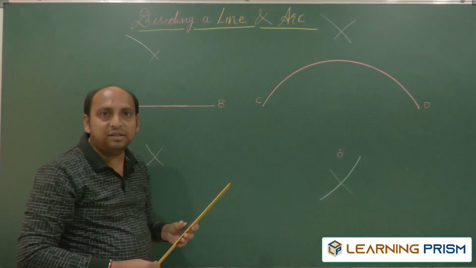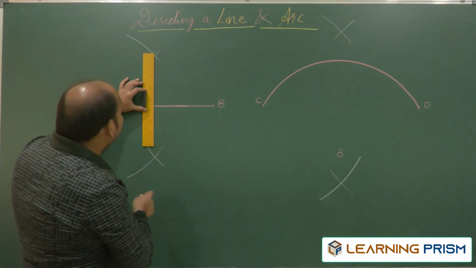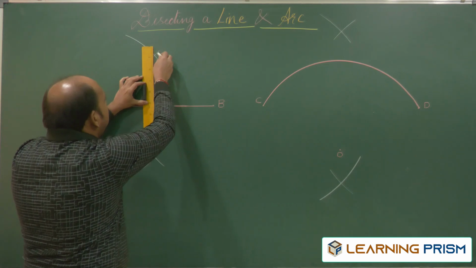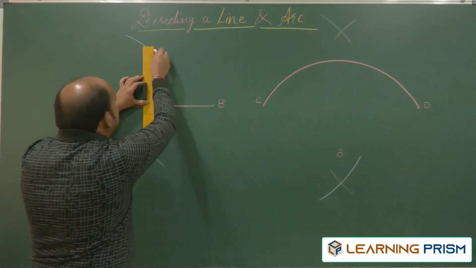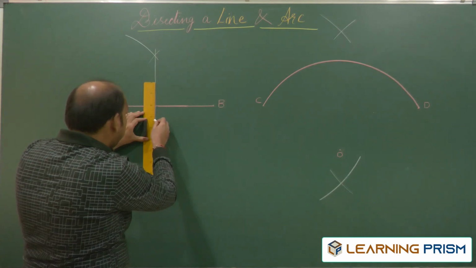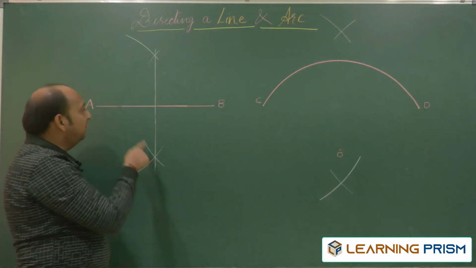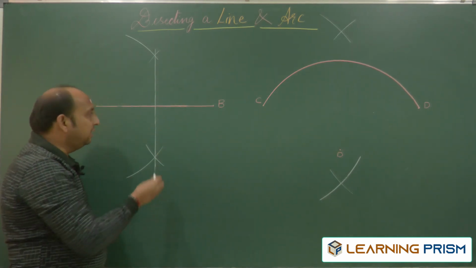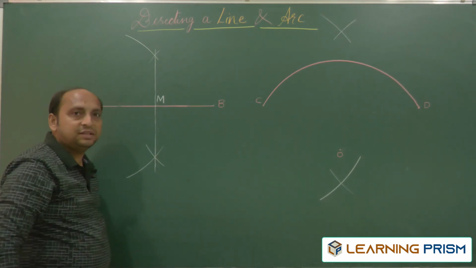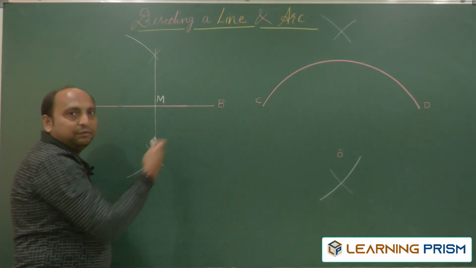So once we get the points, take a scale and draw a line passing through these two points. So this line will bisect the line AB. That means this is the midpoint of AB, bisecting a line.